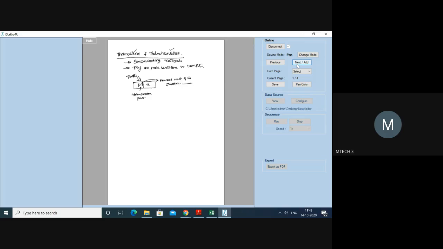When they are moving, they are going to carry charges. The amount of movement of charges is proportional to the temperature.